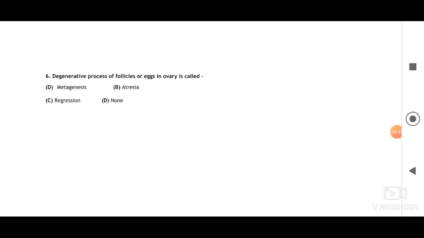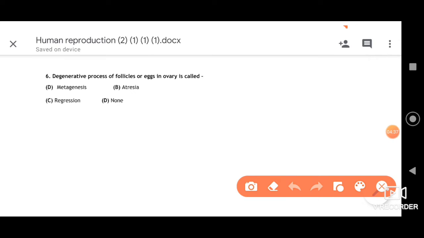Please understand that if the eggs or the follicles degenerate, primary follicle, secondary follicle, tertiary follicle, Graafian follicle, various types of follicles are present inside the ovary. The matured follicle is called the Graafian follicle. So any of these follicles or the egg, if it degenerates, that condition is called atresia. So option B is right.